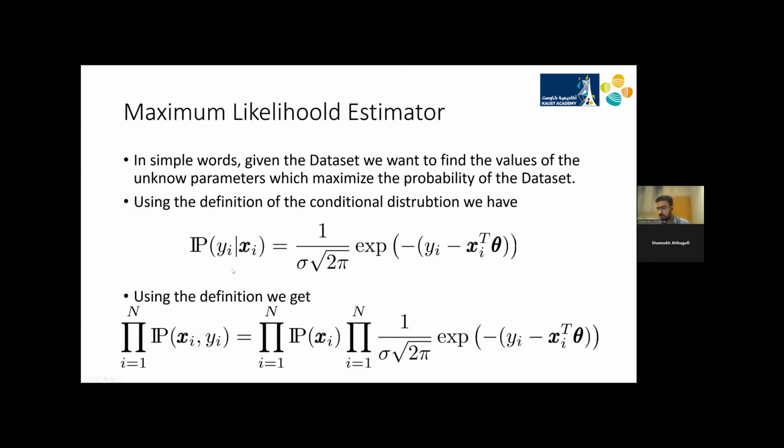Let's move on. So now we know that, as we have already expressed, this thing is just some normal distribution with mean x transpose theta and standard deviation of sigma, or variance of sigma square.